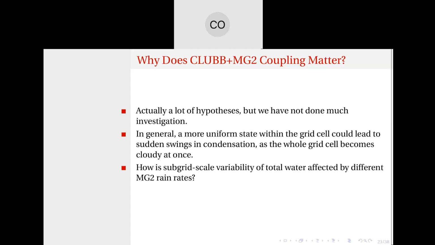And we don't really understand how that interacts with MG2, which has a much cruder view of just saying, well, in the grid box average, we're turning this much cloud water into rain. And it has no real prediction for where that's coming from, if it's coming from the densest cloud only or uniformly across the cloud. So something to do with that may have something to do with why this weird time step sensitivity is happening. I already mentioned shallow convection.